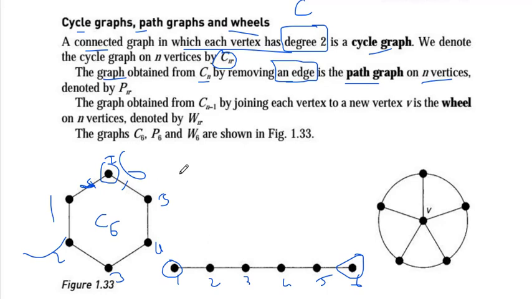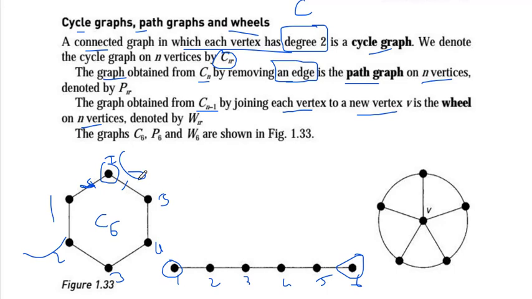Then the wheel graph, the graph obtained from Cn minus 1. You have to remove one vertex and then join each vertex to a new vertex v; that is the wheel on n vertices.